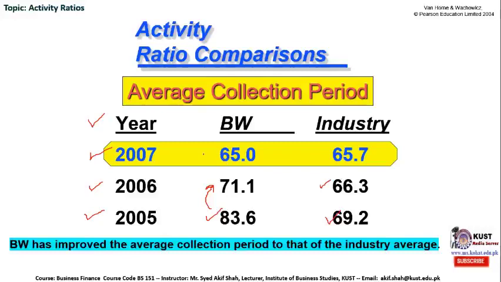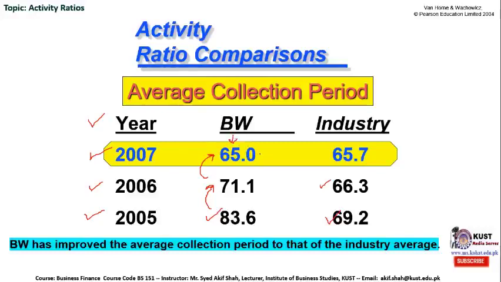2007 is the year of our example, where we have mentioned balance sheet and income statement, and we can notice that Basket Wonder has significantly improved its collection period, and now Basket Wonder required 65 days to collect its account receivable in 2007.